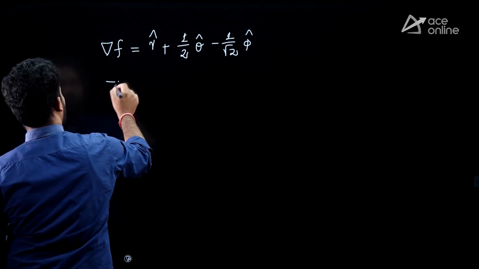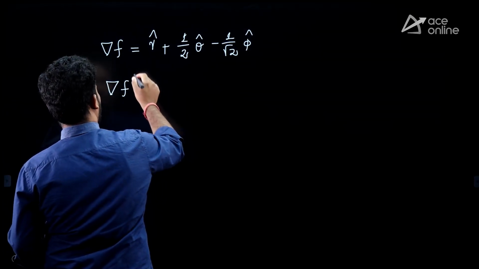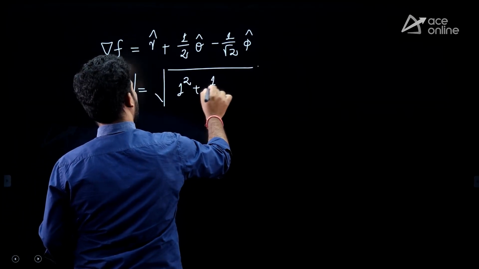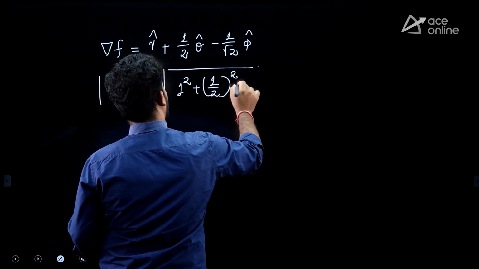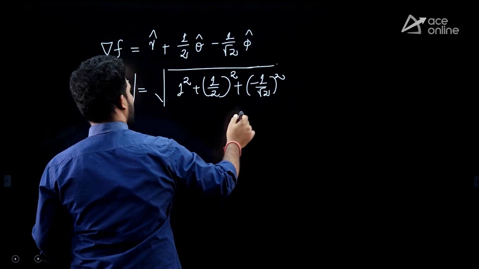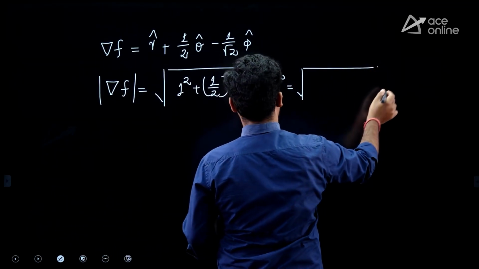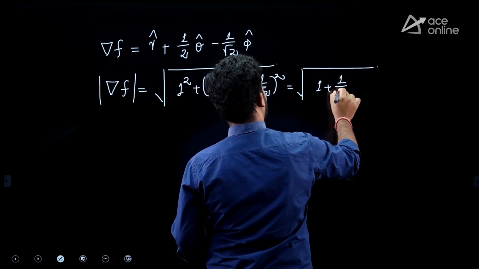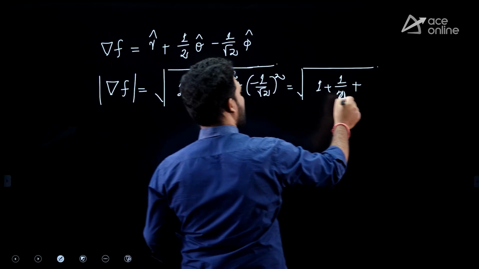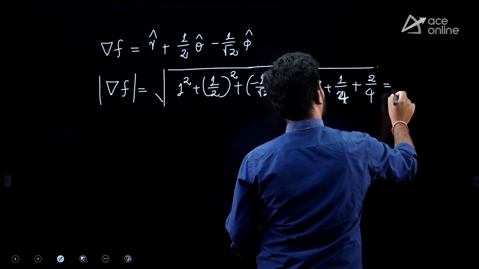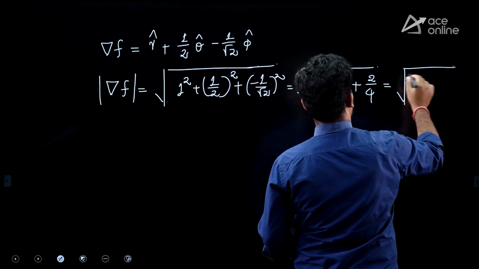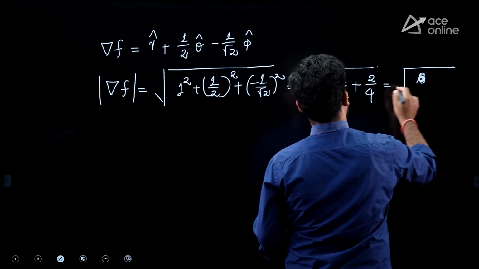It is a numerical answer type question, so it is asking the magnitude of the gradient of f. What is the magnitude? Square root of 1 square plus 1 by 2 whole square plus minus 1 by root 2 whole square. Now can you evaluate this one? Square root of 1 plus 1 by 4 plus 1 by 2, which can be written as 2 by 4, so this is 7 by 4.